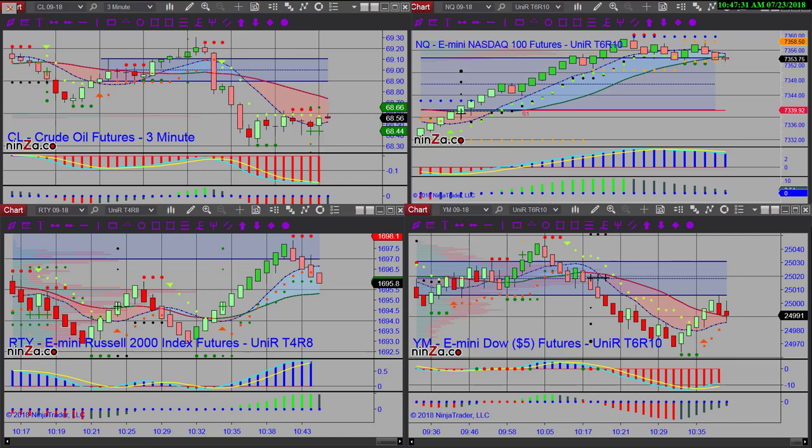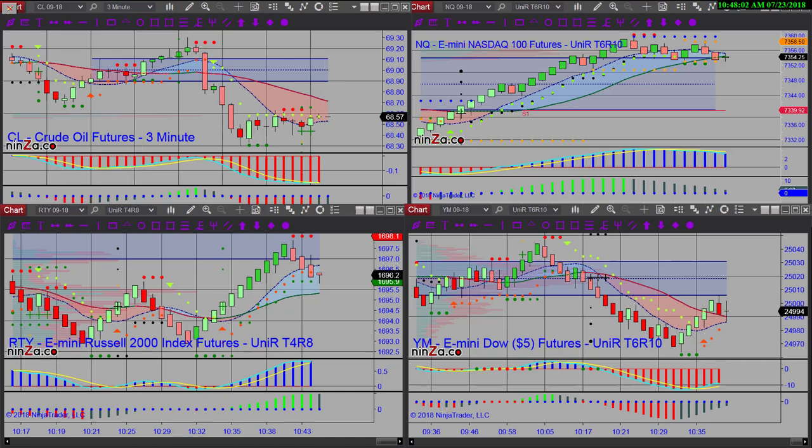NASDAQ's trying to pull back. It's getting down close to my level that I was looking for. Looks like we're getting a reaction off that 53 level on NASDAQ.